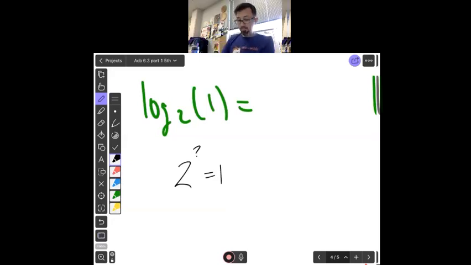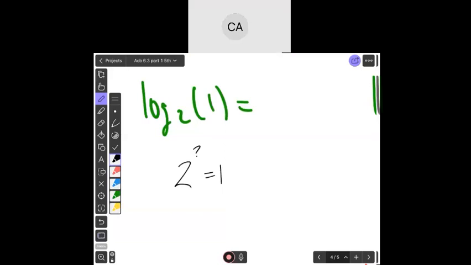Say it. 2 to the what equals 1? There you go. Then what's the answer to that question, Cole? Now that you've asked it, answer it. 2 to the what is 1? 2 to the first power is 1? No, 2 to the first power is 2. Anything to the first power is itself.